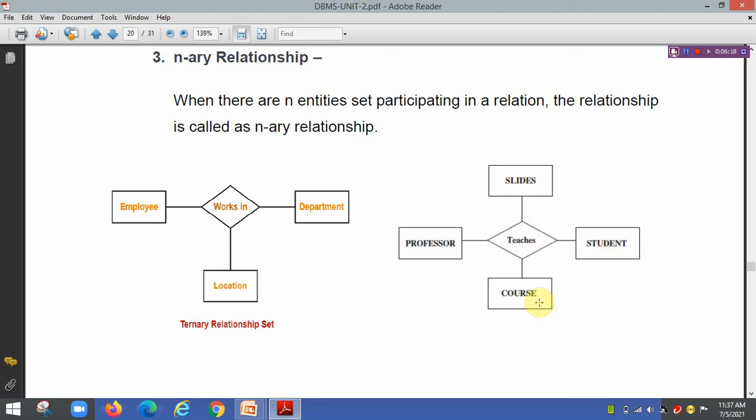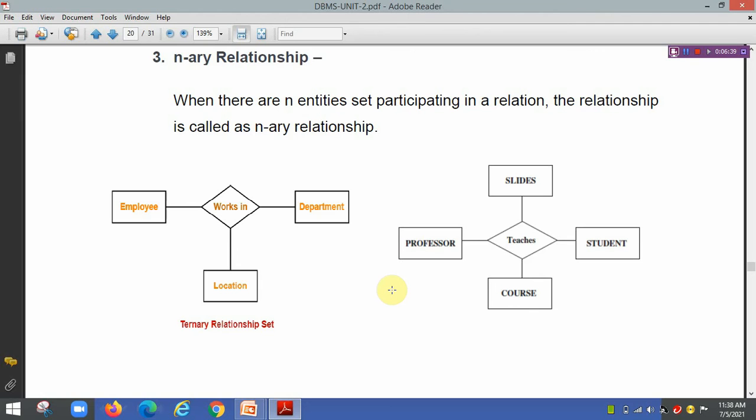Then courses are taught by the slide. Also students are taught the course, students are taught by the slide. In this way we can find this relation. Here 4 entities are related, so it is known as a quaternary relationship.